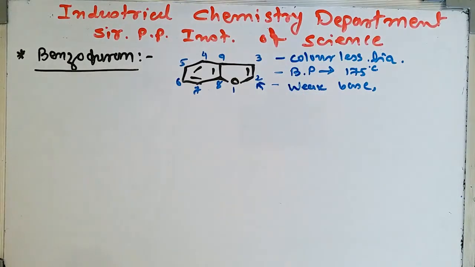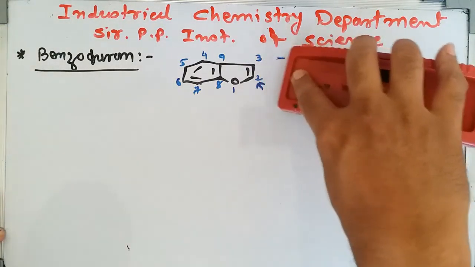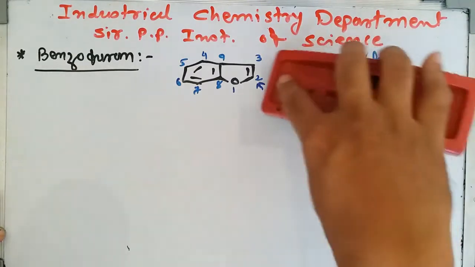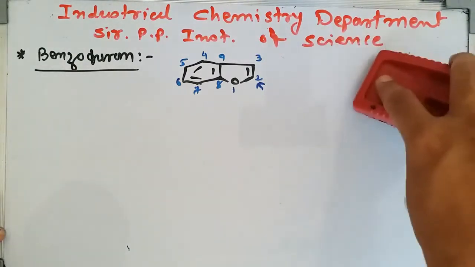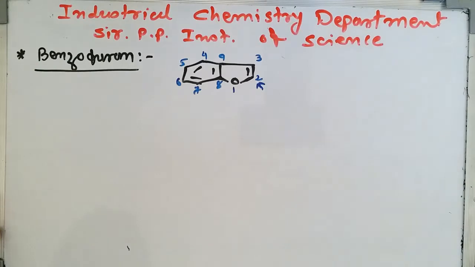So physical properties: a colorless liquid with boiling point 175 degrees Celsius, a weak base with aromatic properties, and more stable than furan. It undergoes substitution reaction at position number 2.